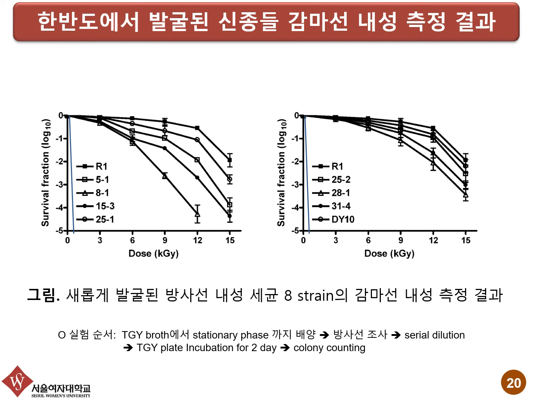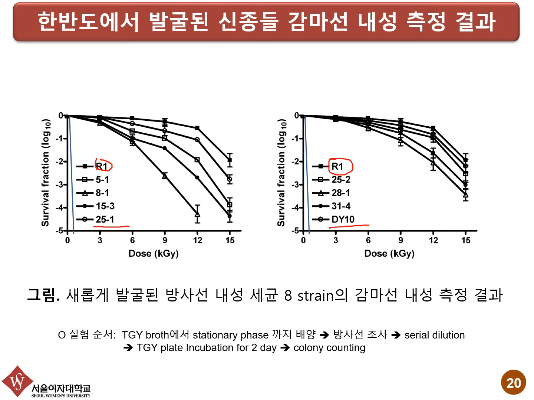This graph is showing the survival fraction or survival rate of various Hymenobacter and Spirosoma species. Those are all Hymenobacter species, and those are different Spirosoma species, and R1 is the positive control, a Deinococcus strain. You can see that several bacterial species in Hymenobacter and Spirosoma show a survival curve similar to Deinococcus.